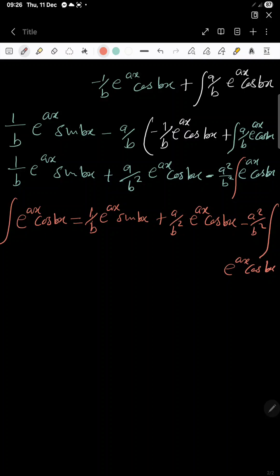Now from here what we're going to do is collect like terms and see how we can solve this. You've seen that we have e to the power ax cos bx is the same as e to the power ax cos bx. That means we can bring this to the other side as like terms.